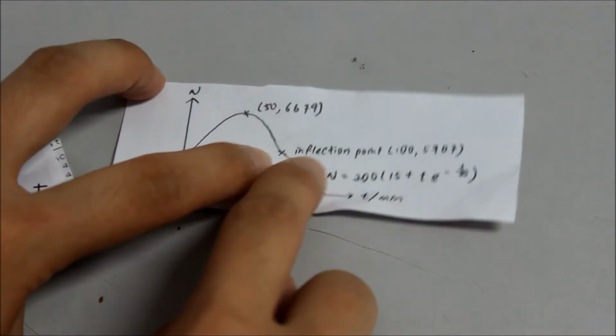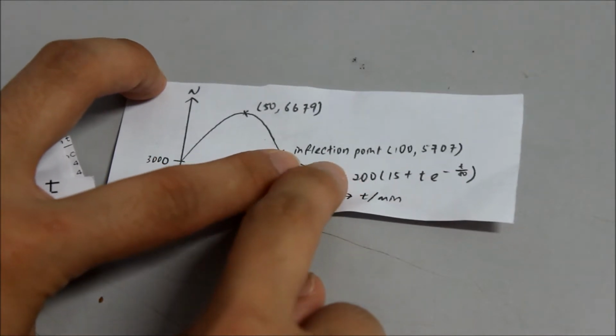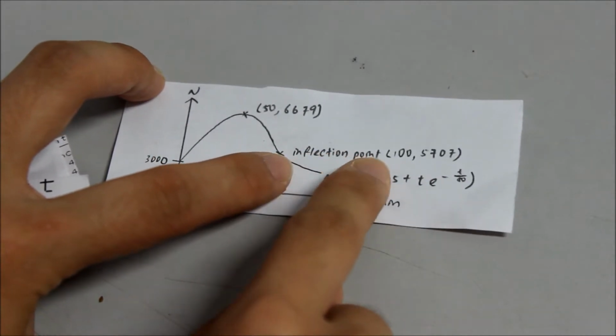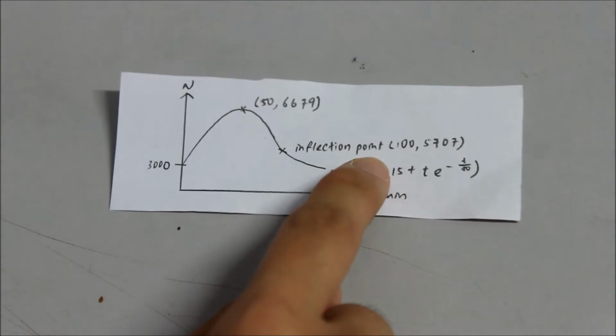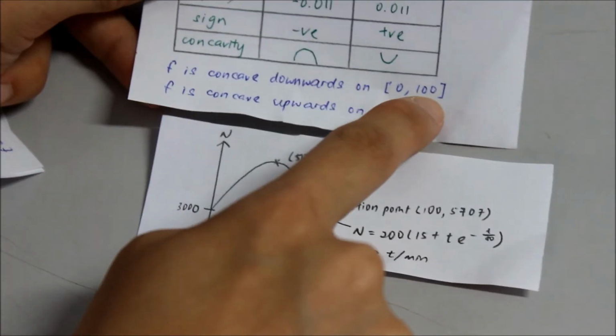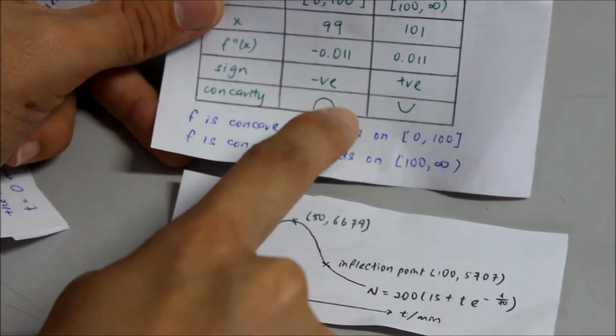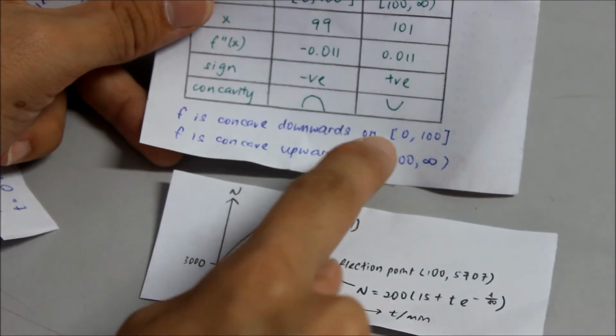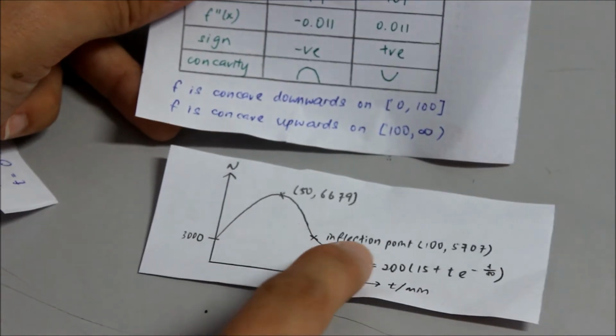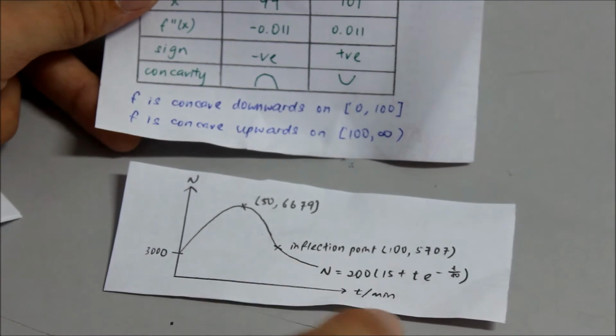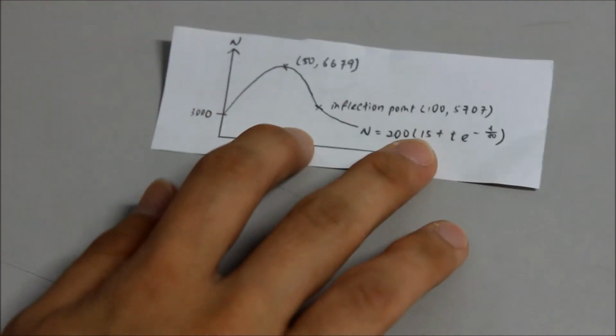We also use the second derivative to find the inflection point. Before 100, it is concave downwards, and after 100, it is concave upwards. This is the graph.